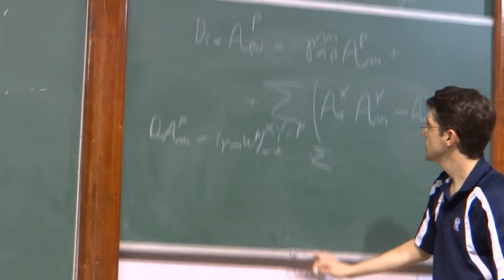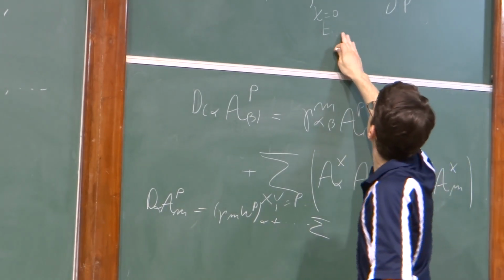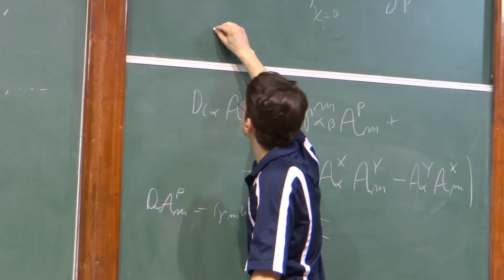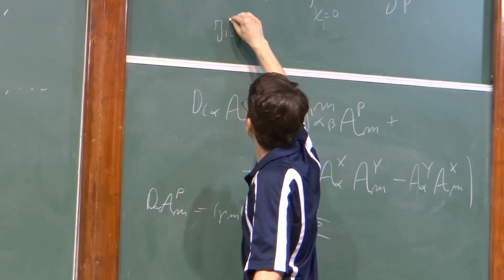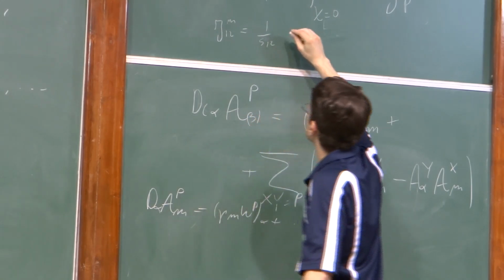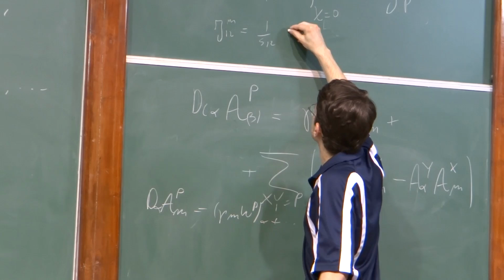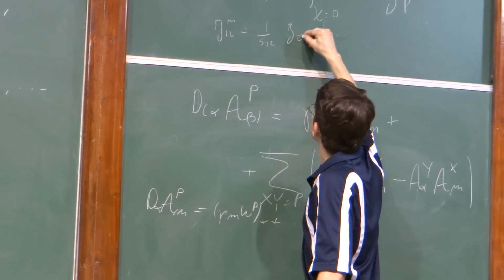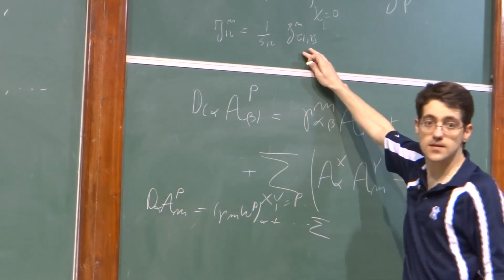For example, the current J12^m is S12, and then, in their language, it's like that.